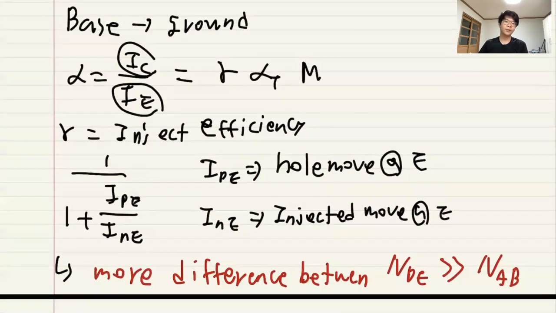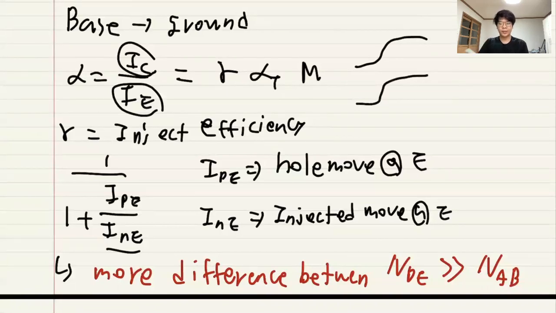First, the injection efficiency consists of INE and IPE over INE. IPE means the hole movement at the emitter. As the property of a BJT is that the carrier is not unipolar, in the emitter there are two movements.